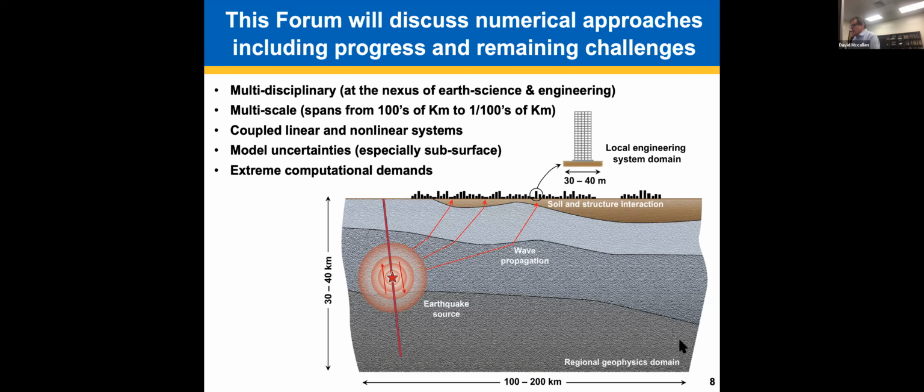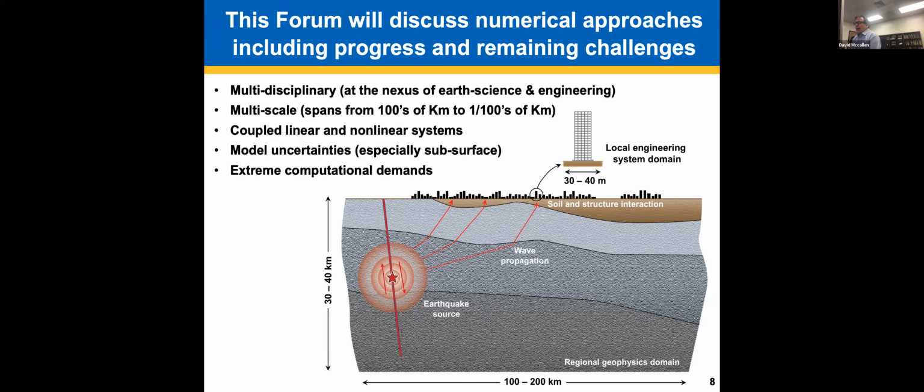We may have to model the Earth at ranges of 100 to 200 kilometers or even more, depending on the size of the earthquake. And yet, we want to generate ground motions that are representative at a scale of hundredths of a kilometer for a particular structure. And so that really drives some significant computational challenges. For strong ground motion, we're generally going to be coupling, at some level, linear and nonlinear systems. Our building systems are going to be responding nonlinearly during an earthquake, and there is certainly the potential for soil nonlinearity.